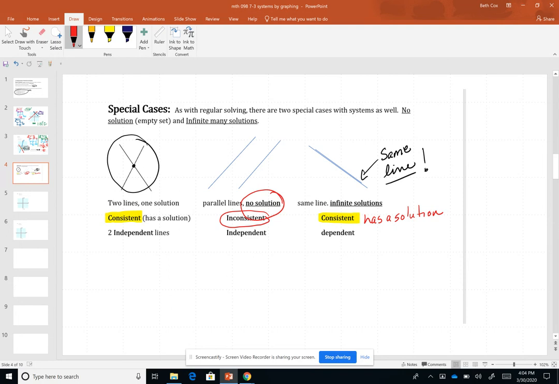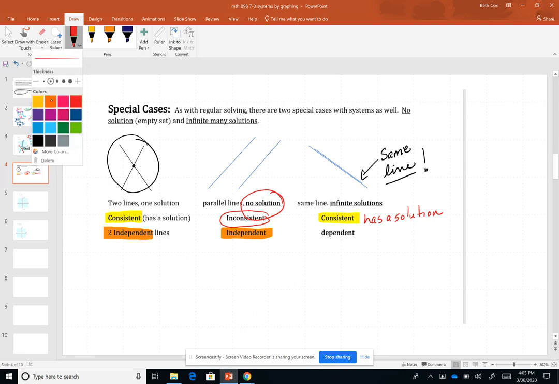And then the other word is independent or dependent. If they're 2 independent lines, those are 2 independent lines. And as you can see, the third option is dependent. It's the same line.